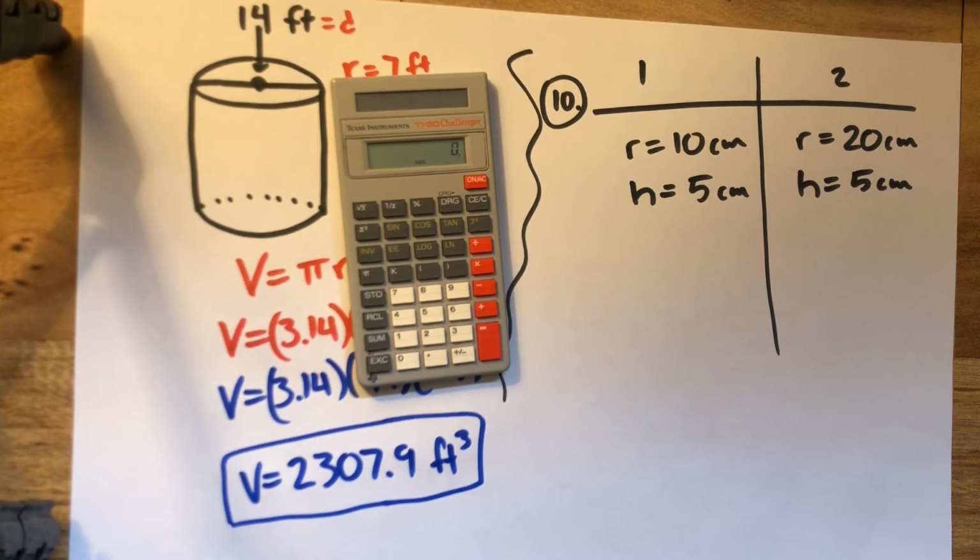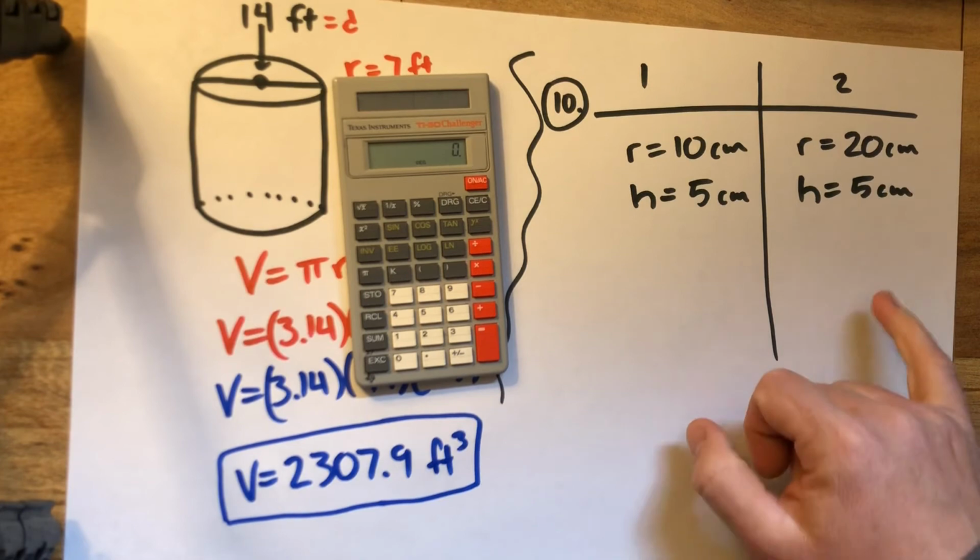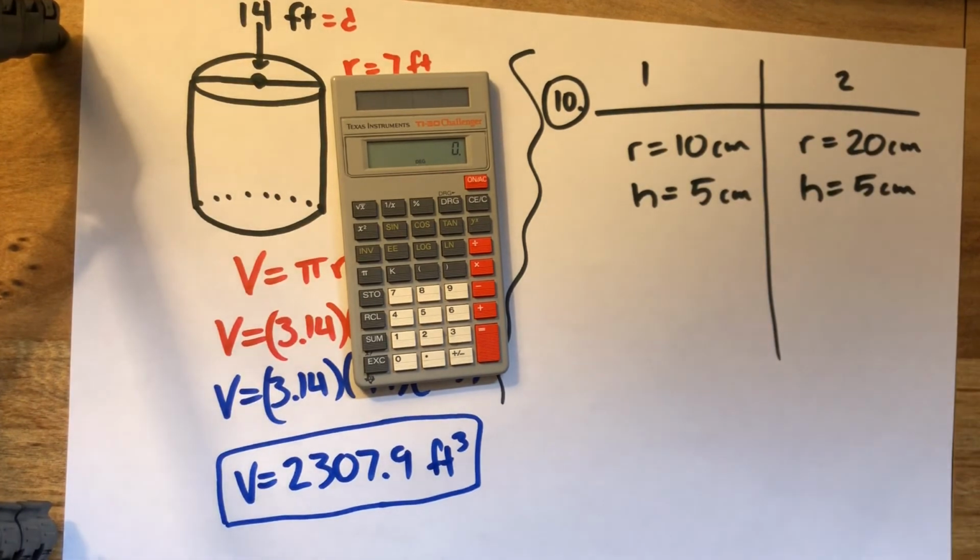How many times greater was the volume of the larger cylinder? Saw a little bit of struggle on the problem with prisms about this, so I wanted to get through it together with you today. The idea is that we're going to find the volume of each and then use that to compare. So if we find the volume of the first cylinder, volume of the second cylinder, then we can divide them or compare them with each other.